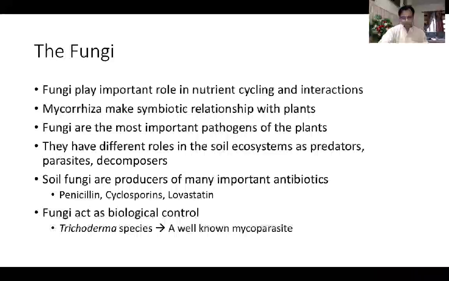The most important character for which I mention it here is its mycoparasitic nature, especially Trichoderma harzianum and Trichoderma viride have been reported. And another species, Trichoderma virens, has also been reported that rolls over the hyphae of other fungi and has some mycoparasitic characters, like they produce antifungal substances.